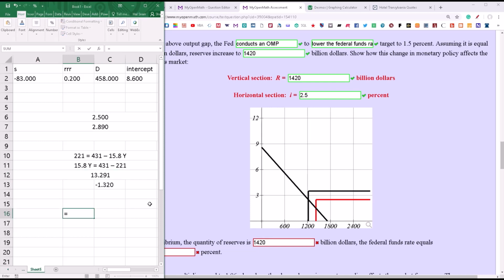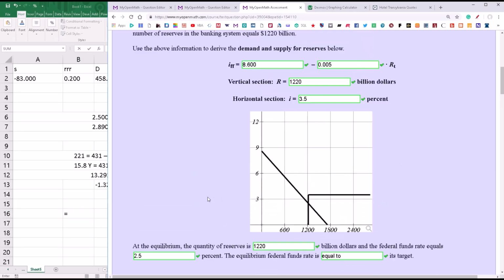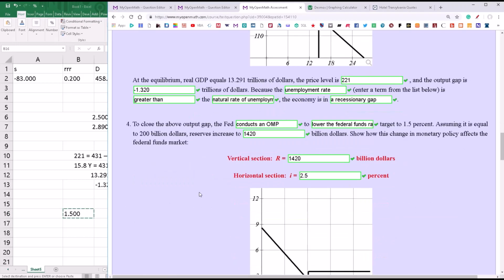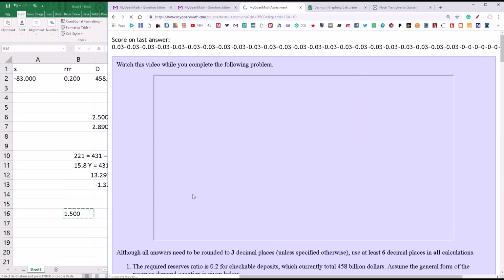So the original demand equation for the federal funds market is 8.6 minus 0.005 times that new quantity of reserves, which is 1420, right? So yeah, the federal funds rate is equal to 1.5 in equilibrium. Okay. We hit enter and see if we got those right. We should.